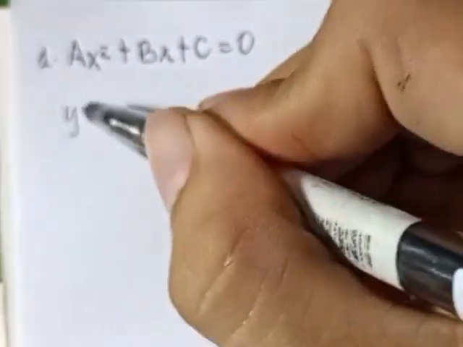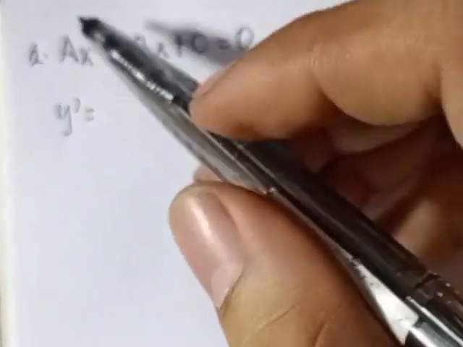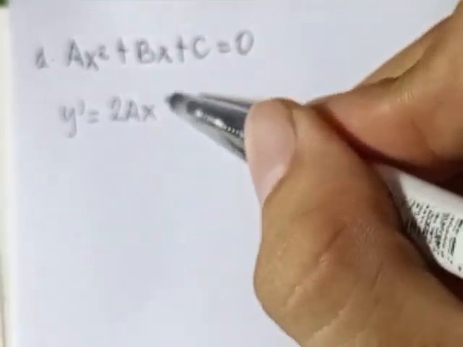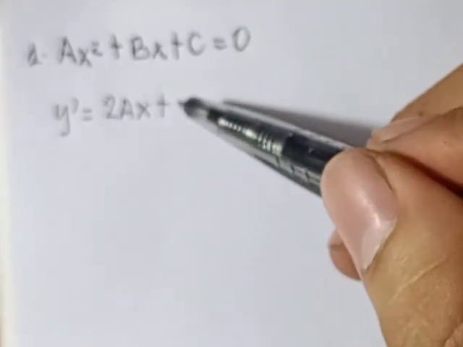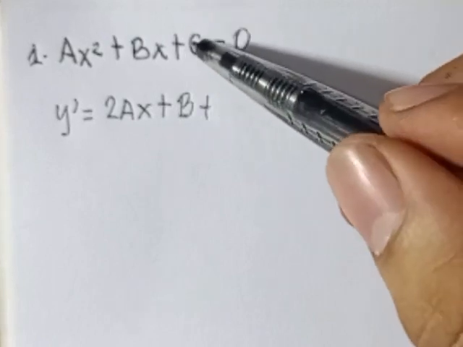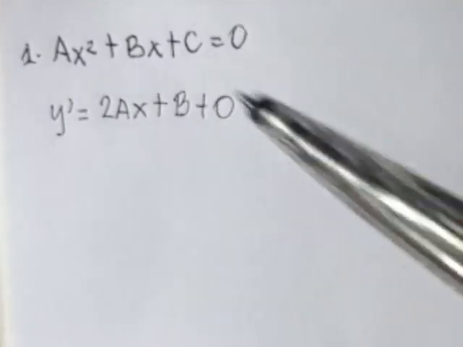So, the first derivative of this given function, which is the derivative of ax squared, we have 2ax plus the derivative of bx, which is b, plus the derivative of c constant, which is equal to 0.